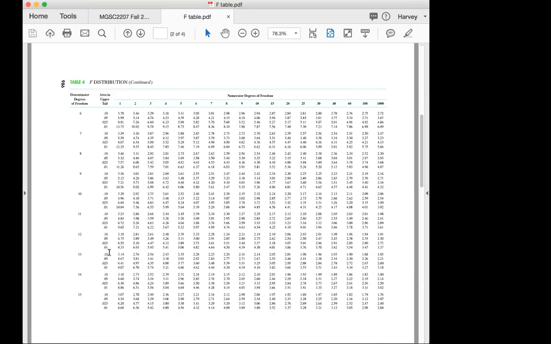Notice what's happening to the area in the tail: it's going from 10%, 5%, 2.5%, 1%. Since 9.55 is bigger than 6.7, the area in the tail will be less than 1%.